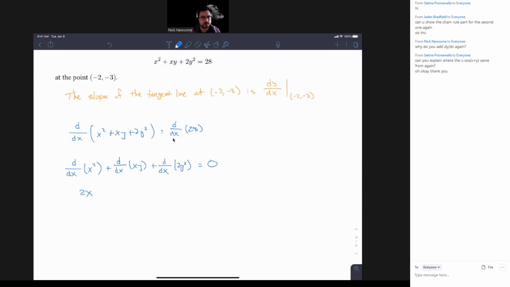Derivative of a function of x we know how to do. Derivative of x times y with respect to x, that's a product rule. We've done it before, so I'm not going to write down all the little steps in between because it's up above. I'll just write down exactly what we did before.